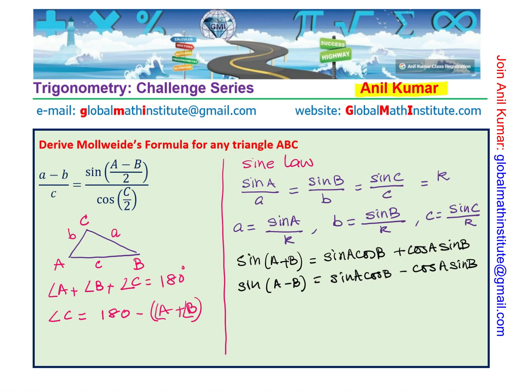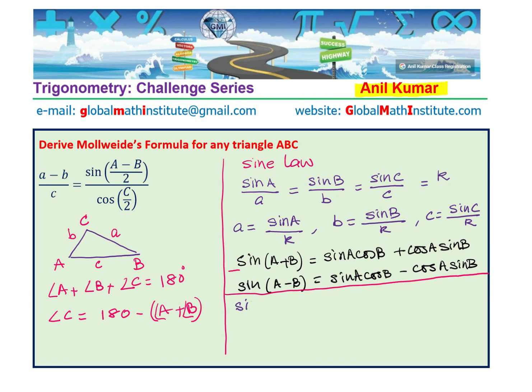We get 2 sine A cos B. Now, if I subtract one from the other, that is sine (A plus B) minus sine (A minus B), these terms cancel and we get 2 cos A sine B. Perfect. So that's what we get.